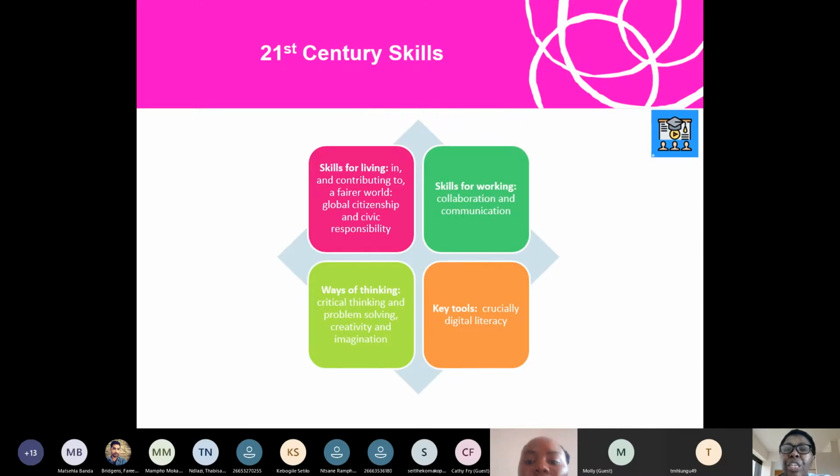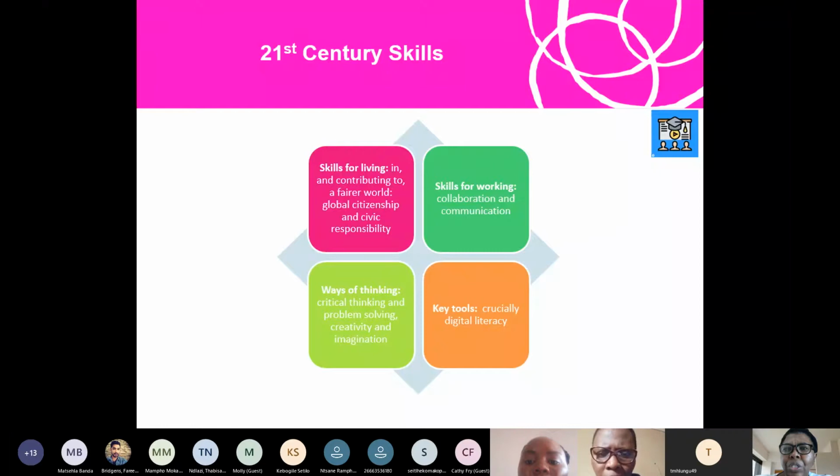So when you look at the skills for working, if you are to work with people, you need to be able to collaborate and communicate. And that is very critical. You know, sometimes we think communication and collaboration are easy things, but in reality, you find people who have been in the teaching space or who have been in the facilitation space unable to collaborate and unable to communicate.